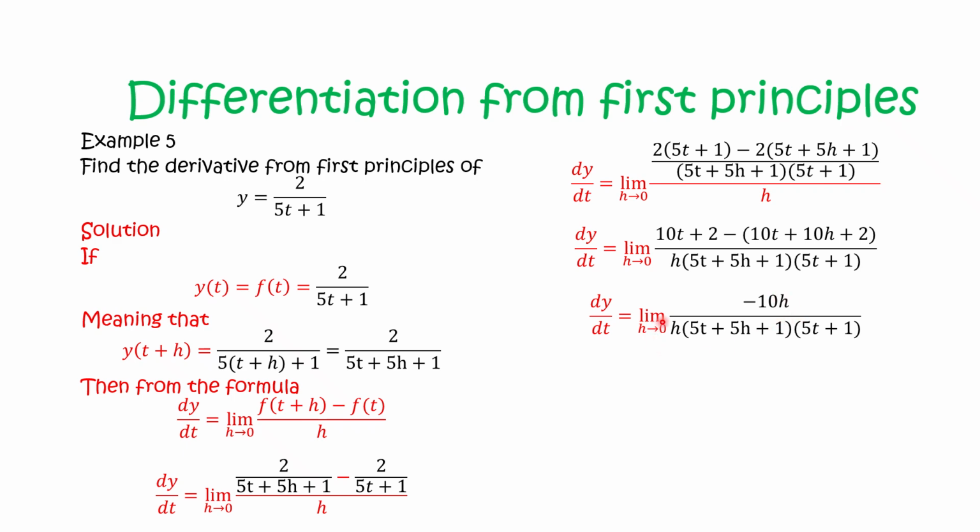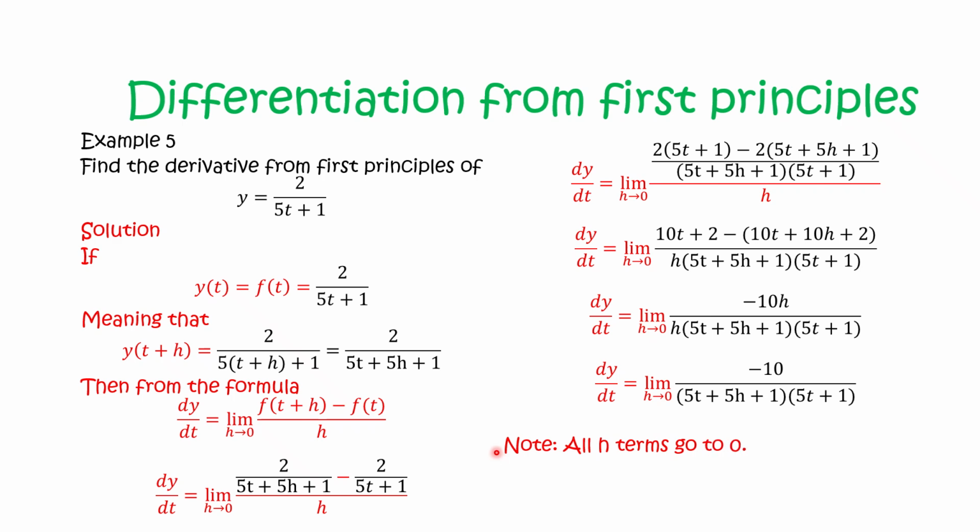Between the numerator and the denominator, we have a common term, which is an h. So the h will cancel out. When the h cancels out, we are going to have our dy/dt as the limit as h approaches 0 of minus 10 all over 5t plus 5h plus 1 multiplying 5t plus 1.